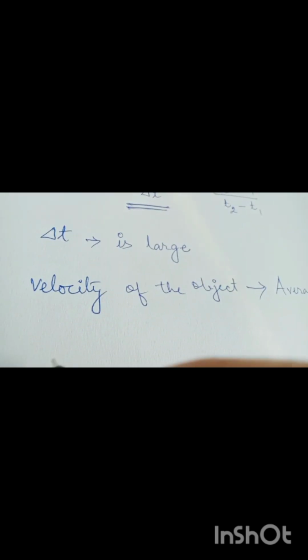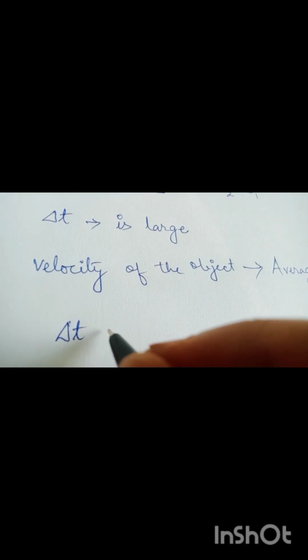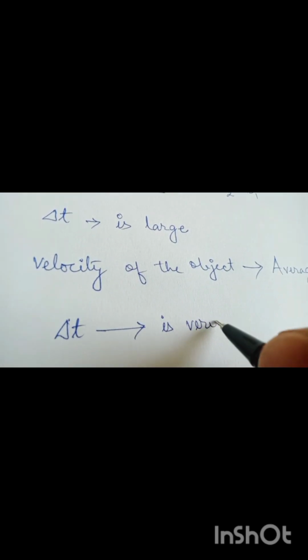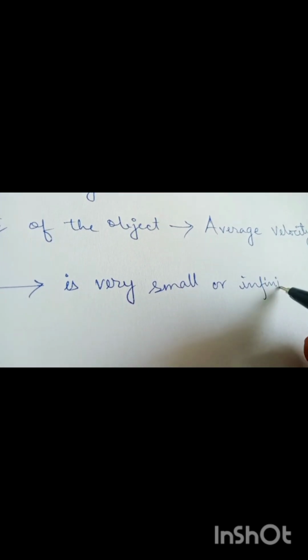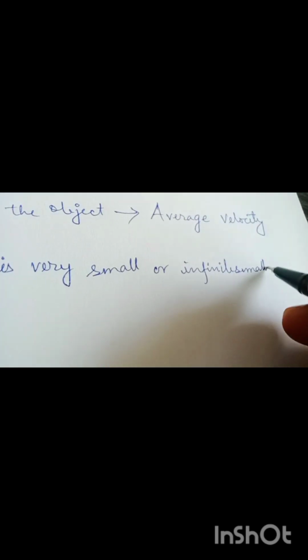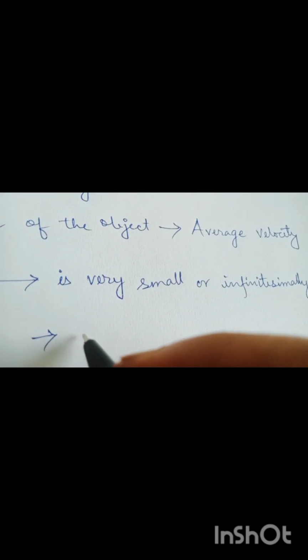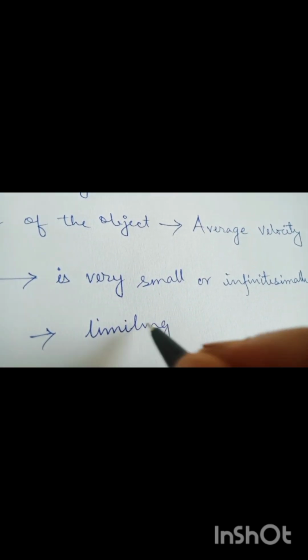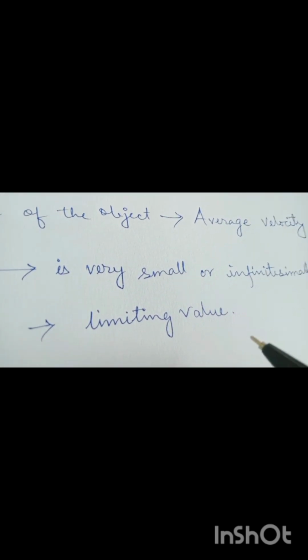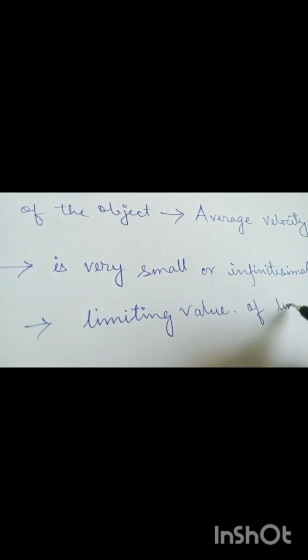But when the delta t value is very small, or infinitesimally small, then we call it the limiting value, and it is expressed as limit delta t tends to 0.